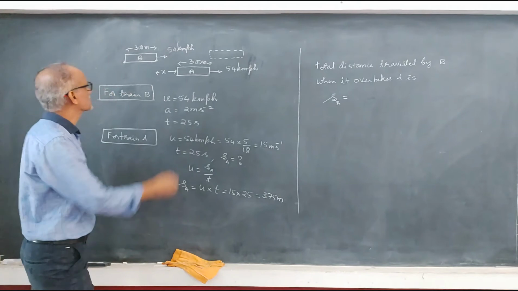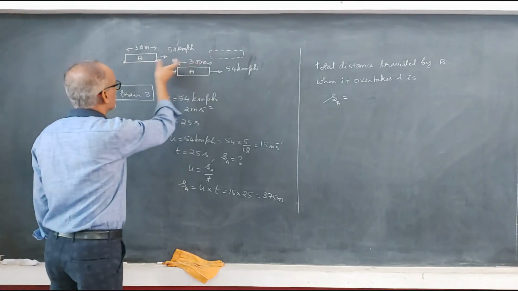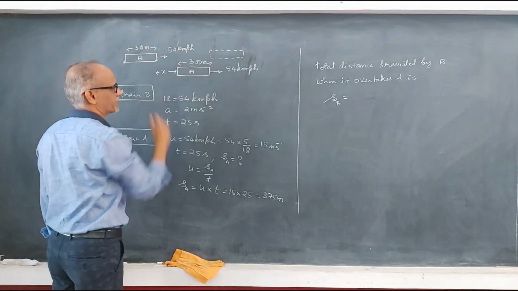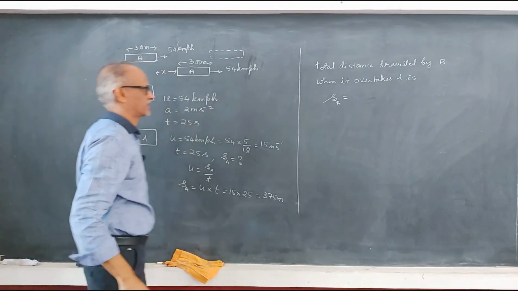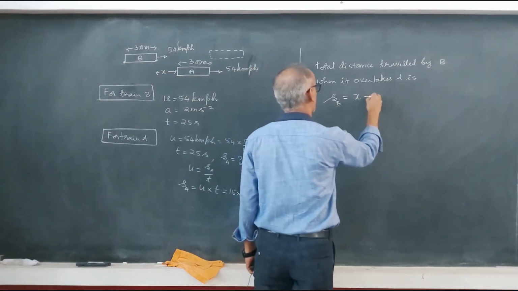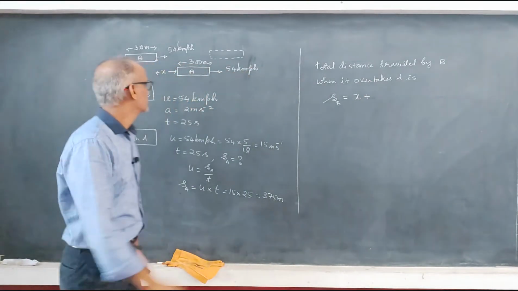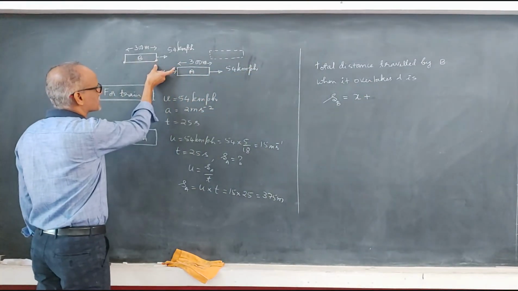What all distance does B have to cover to overtake A? First, it has to cover the gap, that is X. Correct? First it has to cover this distance.